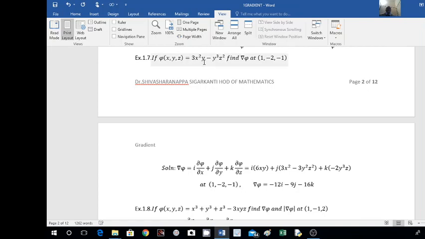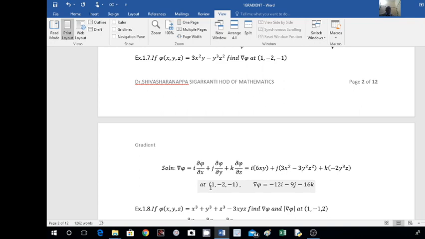So i into 6xy plus j into ∂φ/∂y. Differentiating with respect to y, we get 3x² minus 3y²z². Plus k into ∂φ/∂z. Differentiation with respect to z: the first term is 0, and the second term gives minus 2y³z. This is our ∇φ.